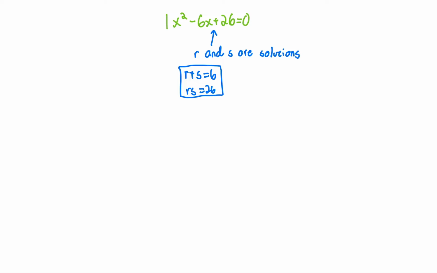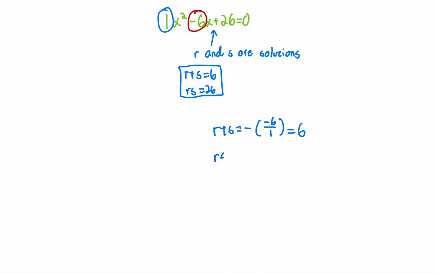So then in the quadratic case, we get r plus s is equal to the negative of, remember the negative, and then it's just going to be negative 6 over 1. And the negative 6 comes from this coefficient of the x term, and the 1 comes from the coefficient of the x squared term. And this equals 6.